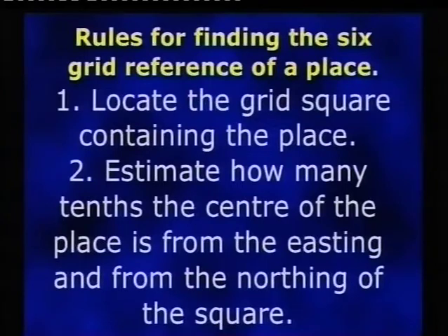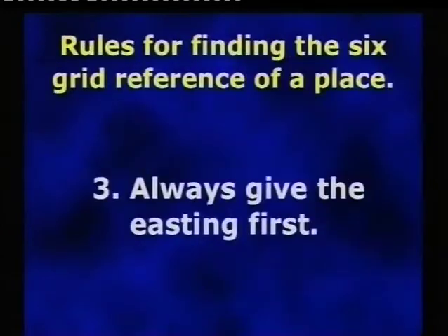You've copied down number one, right? Once you finish number two, have you finished? All right, step number 2, step number 3 is the last one. Always give the easting first. So we're going to look at these 3 steps.